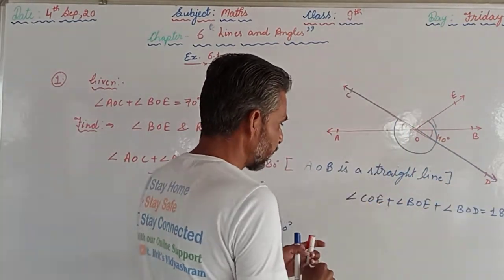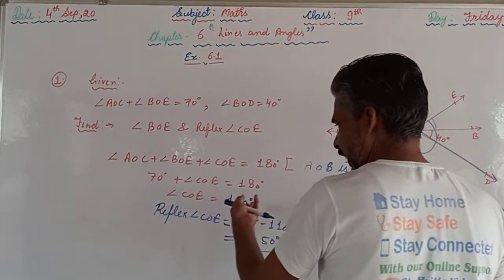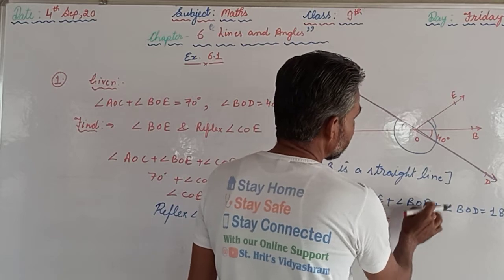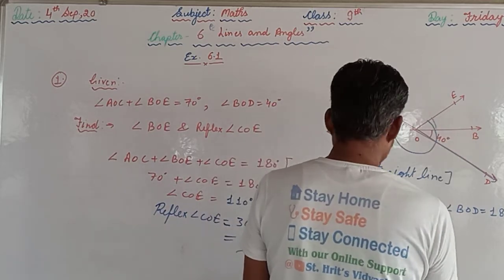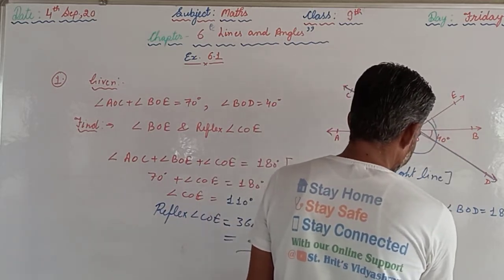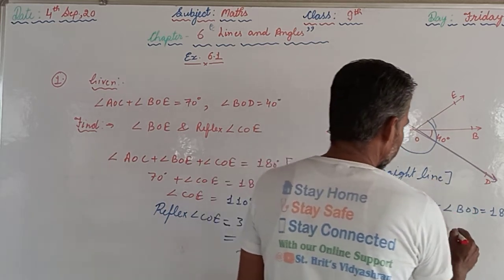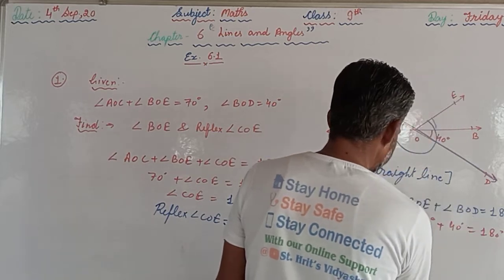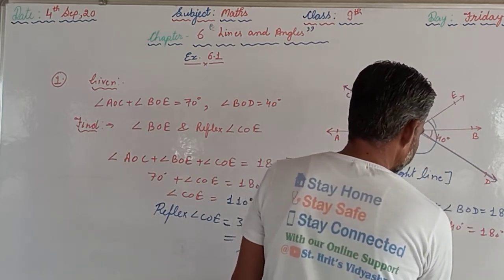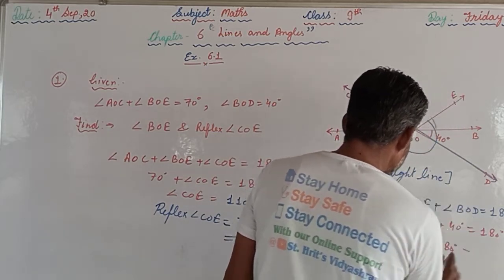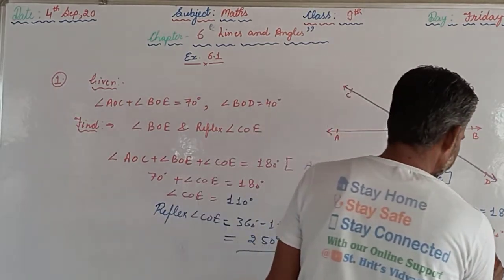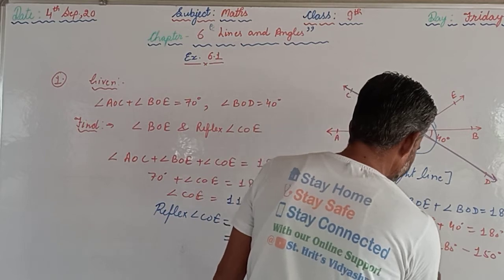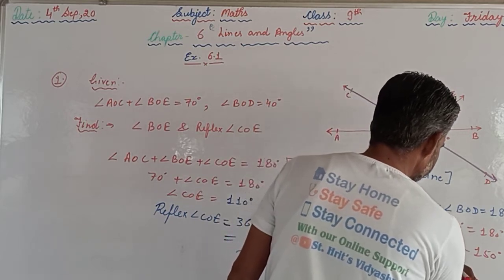Angle COE we have already calculated, that is 110 degree, plus angle BOE we have to find, BOD already given 40 degree, is equal to 180 degree. Angle BOE will be equal to 180 degree minus 150, so angle BOE will be 30 degree.